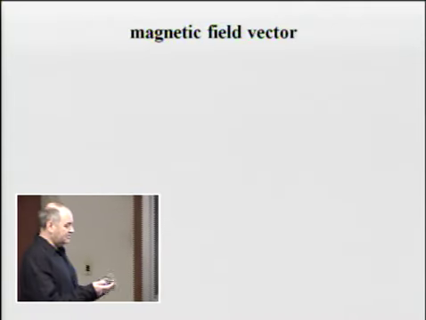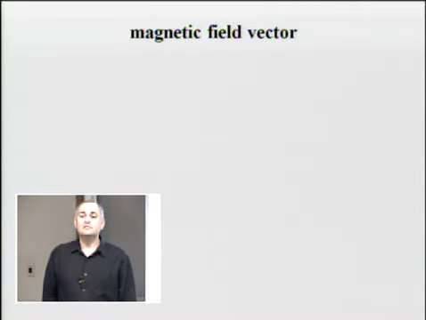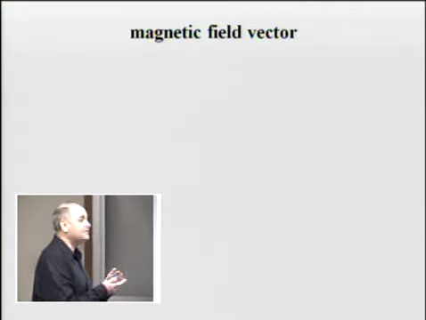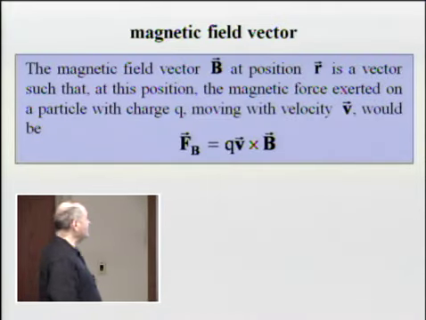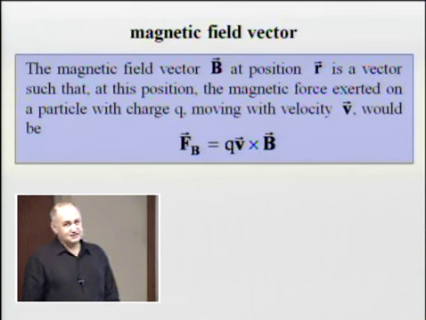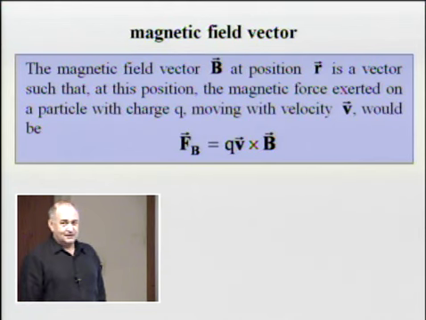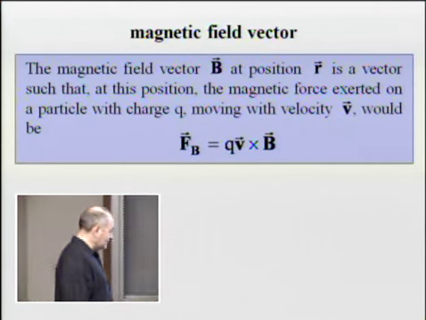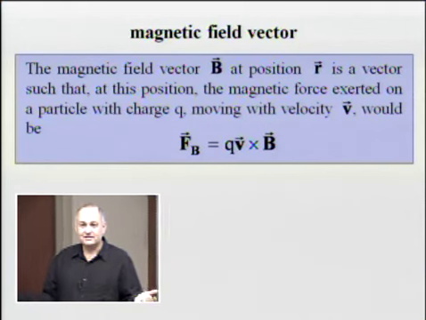But the magnetic field vector is a physical quantity which describes properties of the magnetic field, the space. And it is defined in a particular way. Well, it's actually the simplest way to describe magnetic field, although it is not as simple as the description of electric field. But it's the nature of nature.